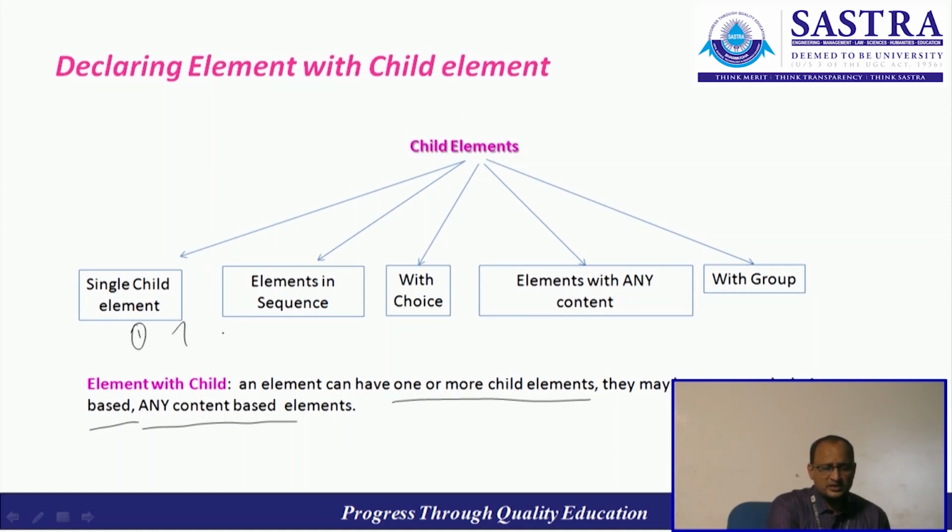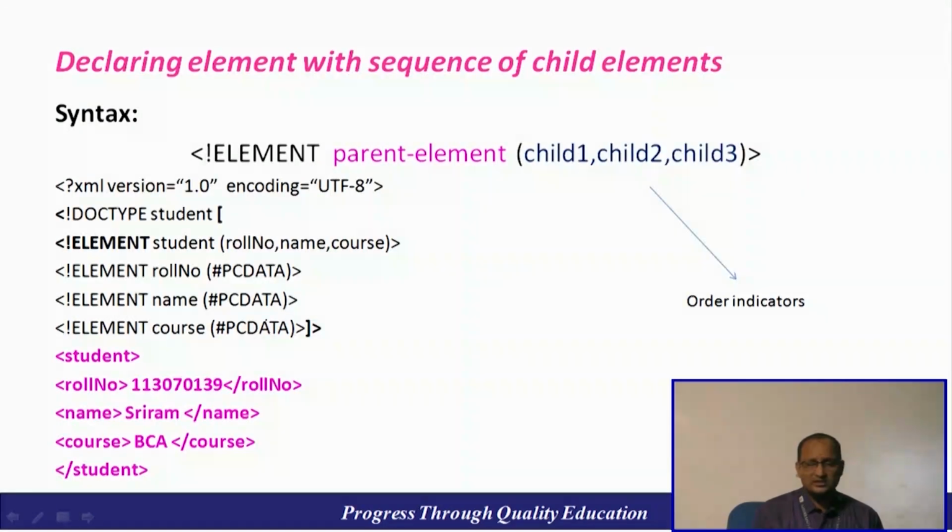In sequence. This is the second we are going to have. Look at this example. This is number 2, declaring an element with a sequence of child elements. We know the sequence, in the sense which element should be first, which element should be second, which element should be third.